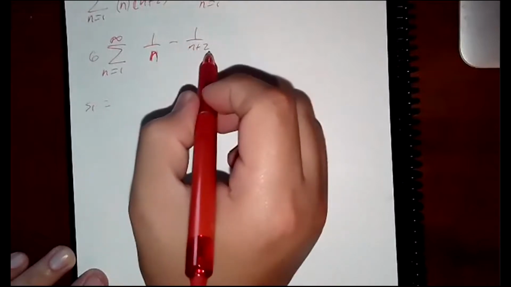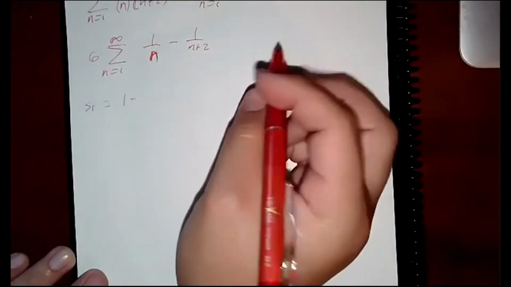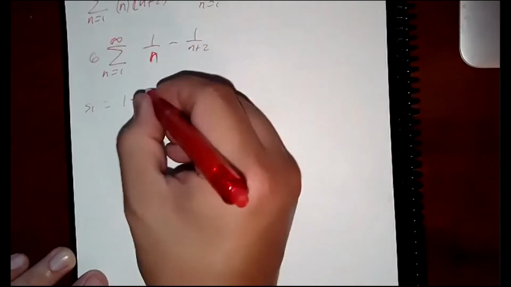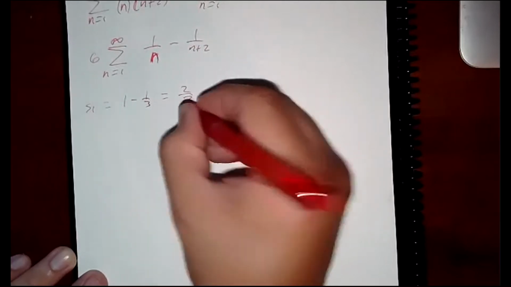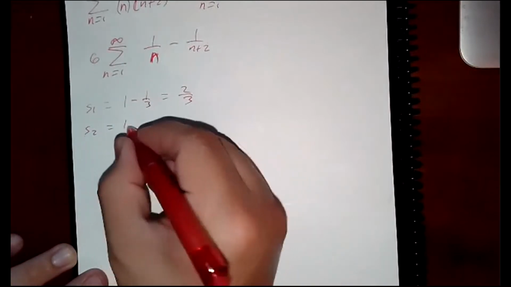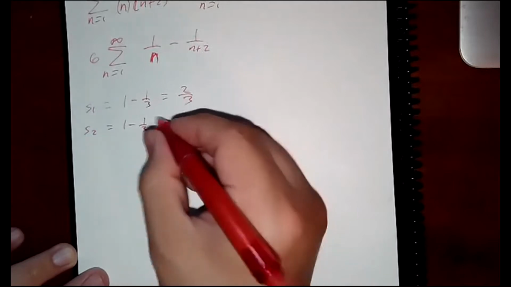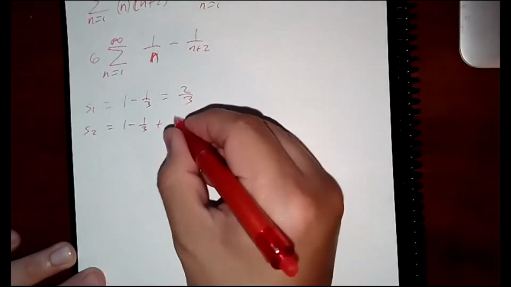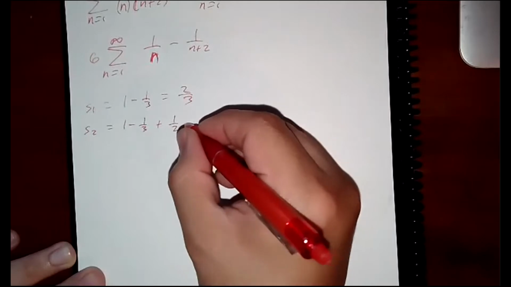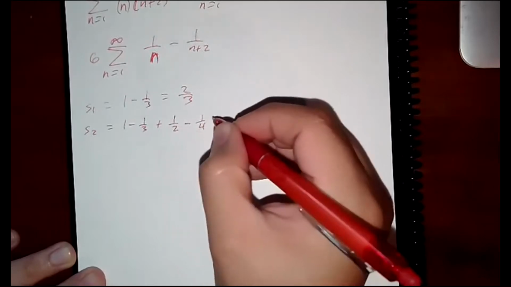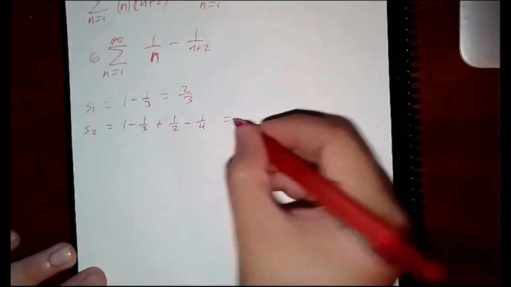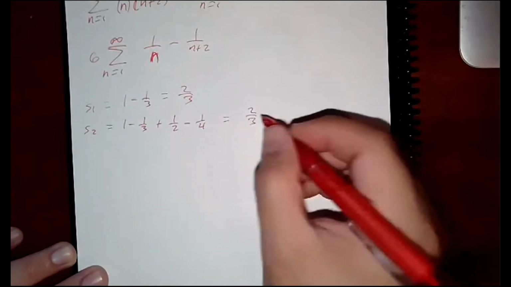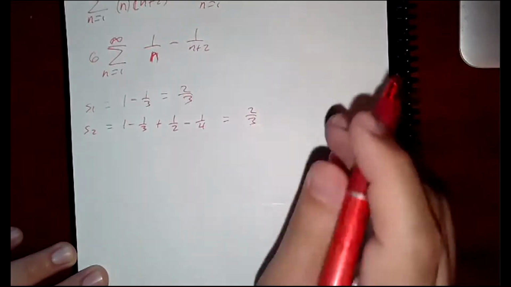So S1 would be 1 minus a third, which is 2/3. S2 would be 1 minus 1/3 plus 1/2 minus 1/4, which is really 2/3 minus 1/4, would be what?